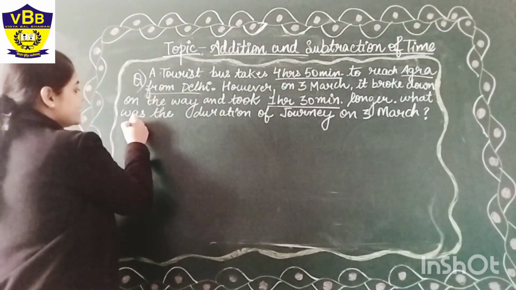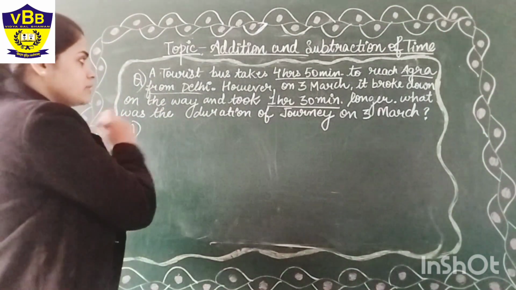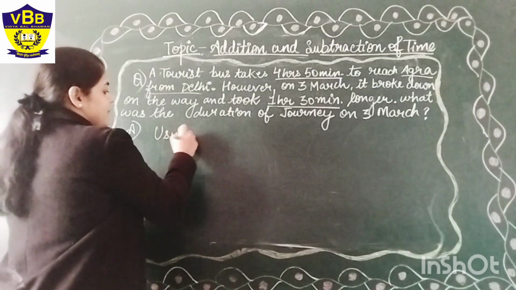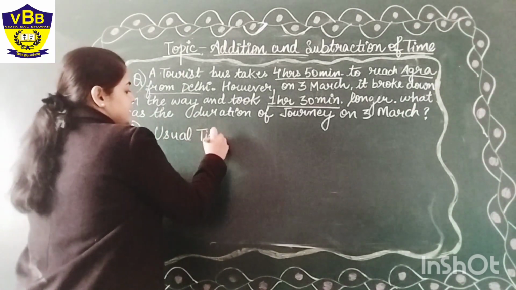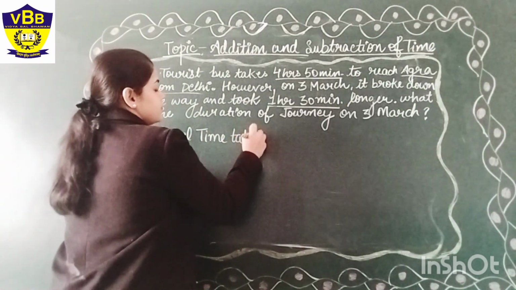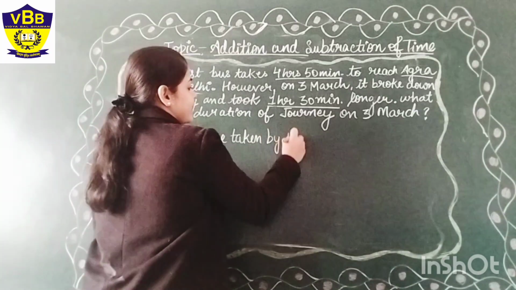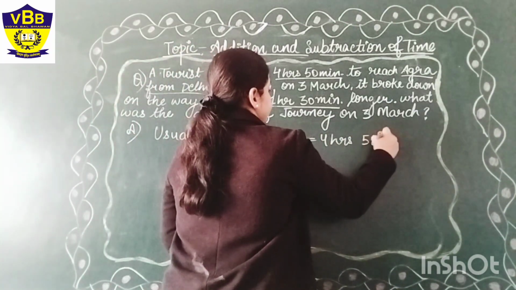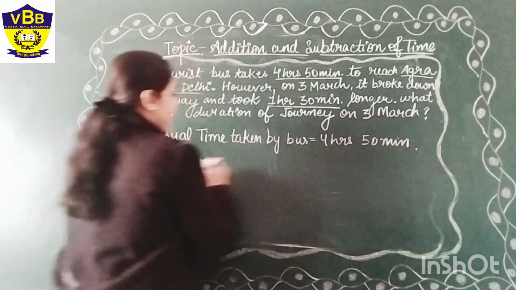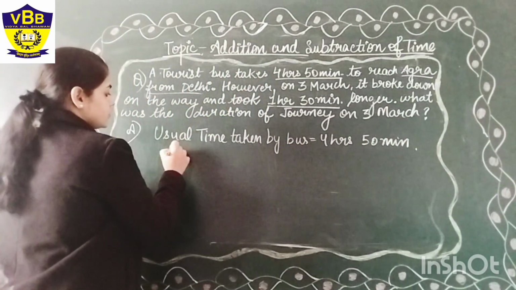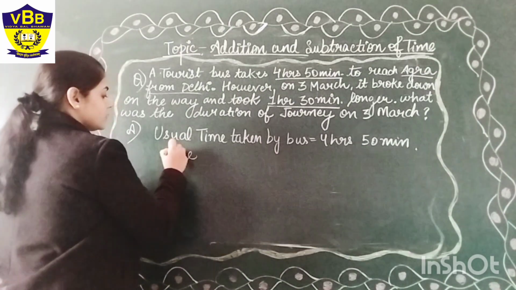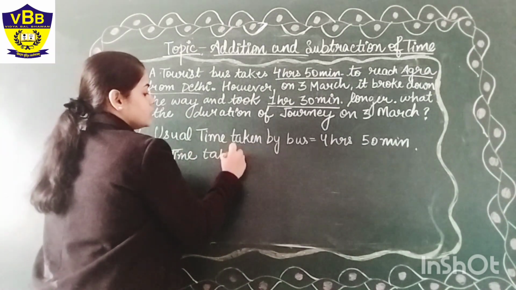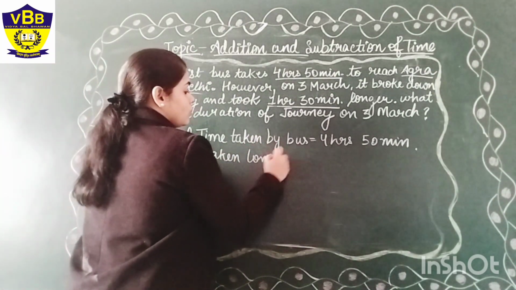And how to add this? First of all, write the statements. Usual time taken by bus. What was the usual time taken by bus? It is 4 hours, 50 minutes. And time taken longer.